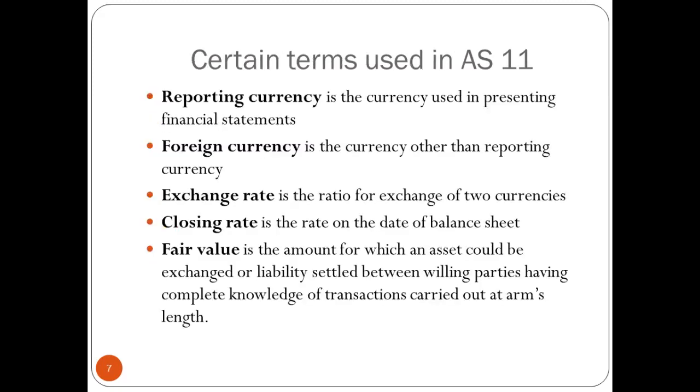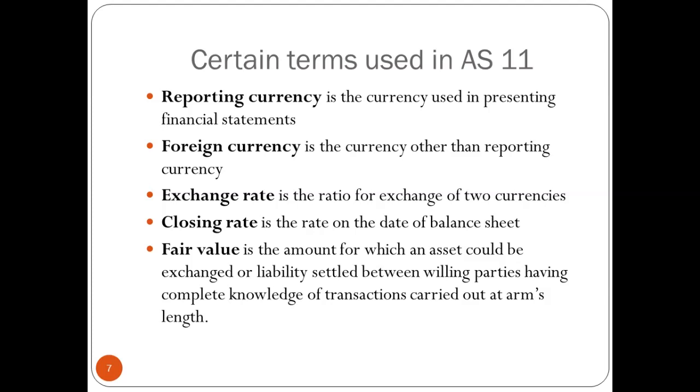Now we are using certain terms in AS 11. Which are those terms? Let us understand those terms. So, first is a reporting currency. Reporting currency is the currency which is used in presentation or preparation of your financial statements.